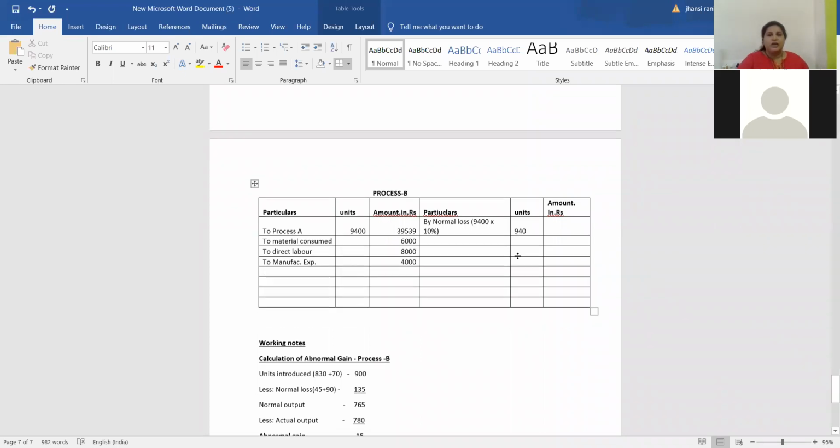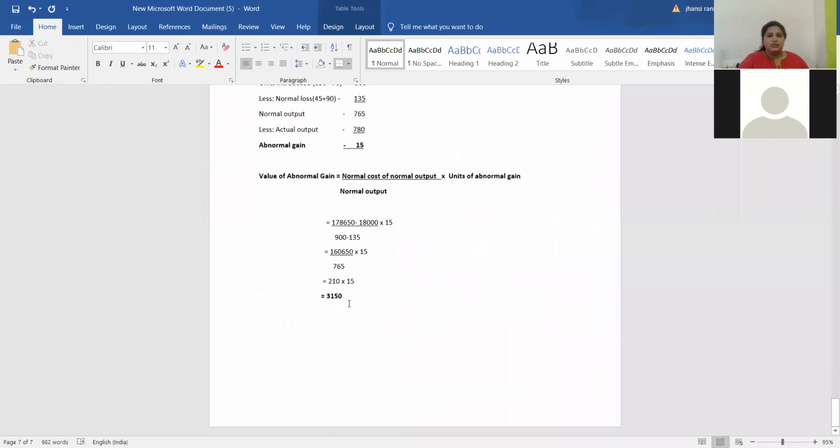Now we have to find out the value of normal loss, because we know it in units, but we have to find it in value. They have given that for every 100 units, the rate is 10 rupees.